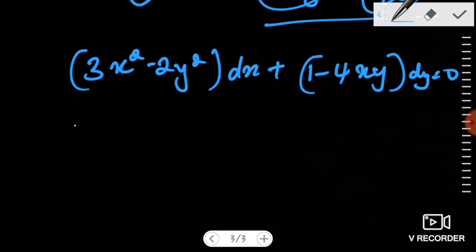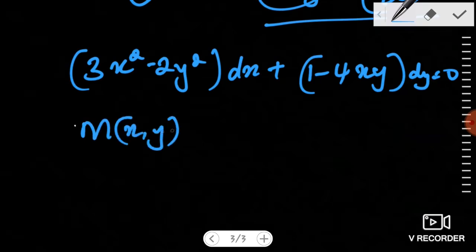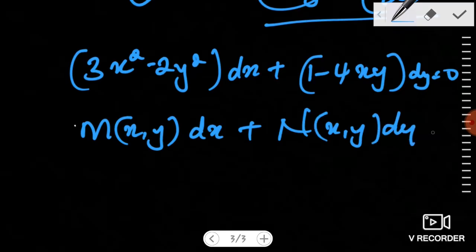Now, this is in the form of M(x, y) dx, plus N(x, y) dy, equal to 0.